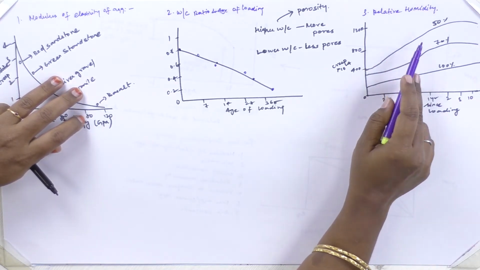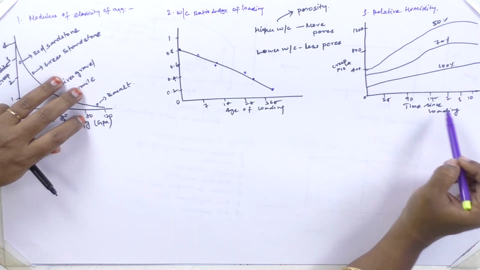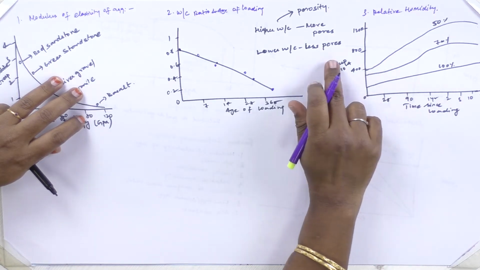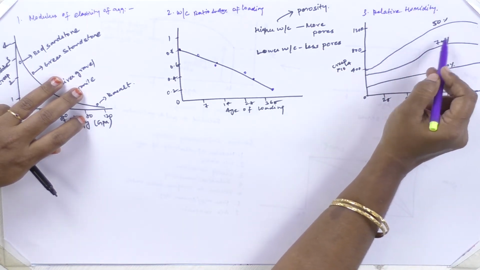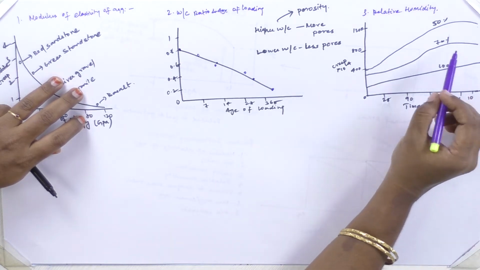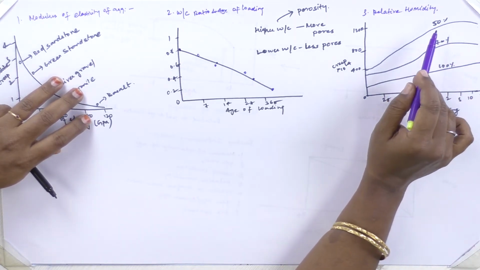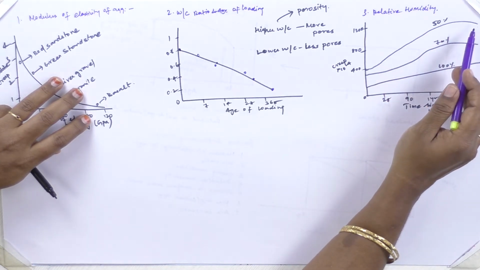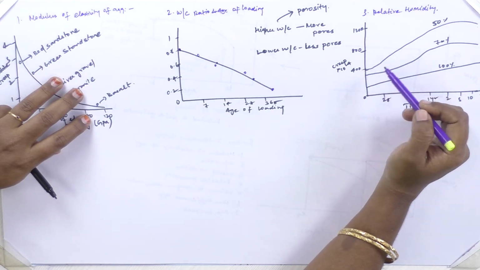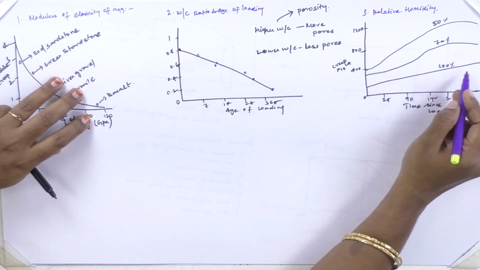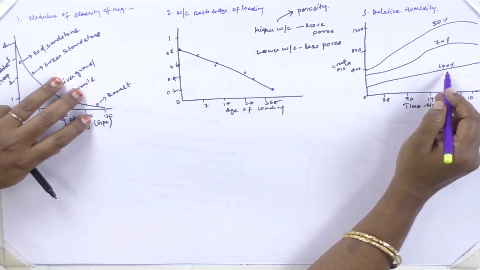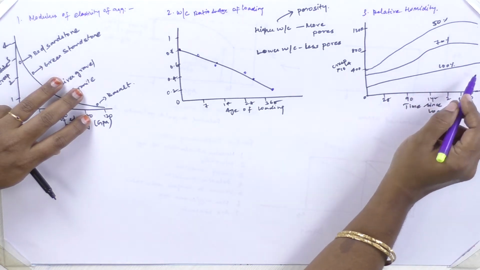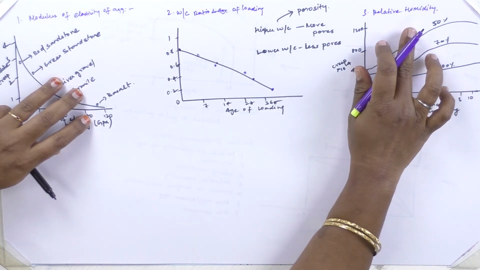Here a graph is plotted between the time of loading and the creep, taking the relative humidity as the main factor. If my specimen has only 50% relative humidity, then it exhibits a larger creep when compared to the specimen having 100% relative humidity.